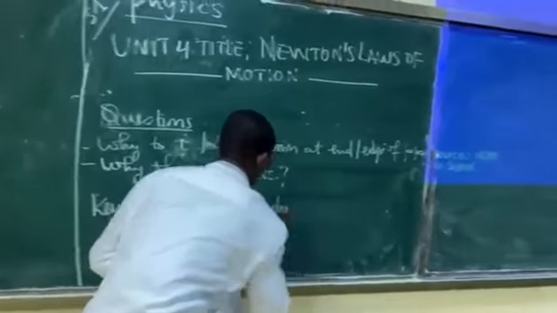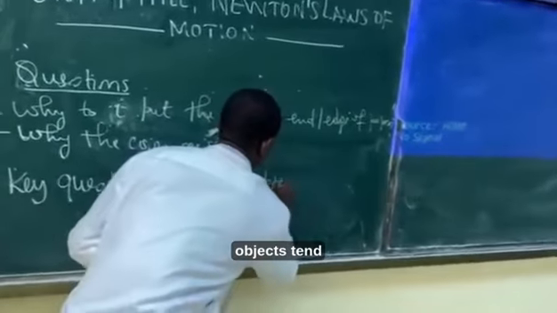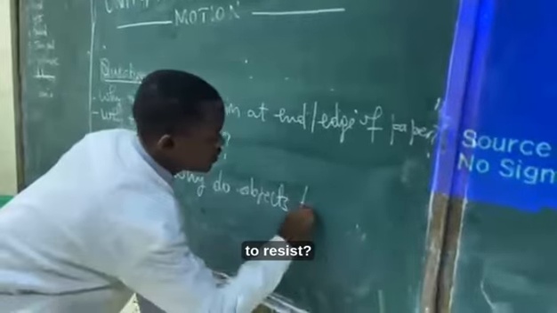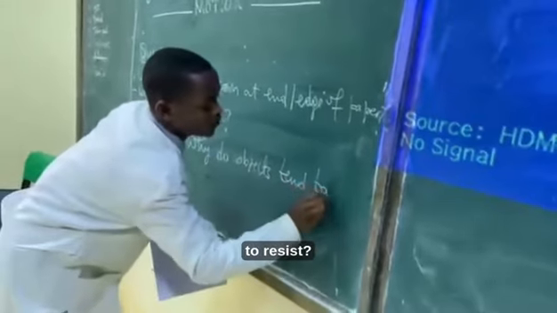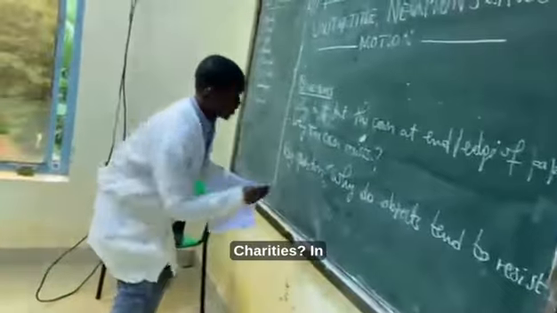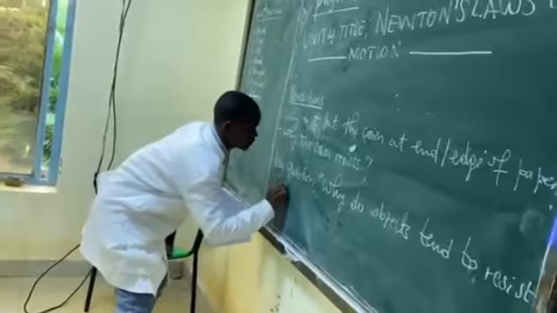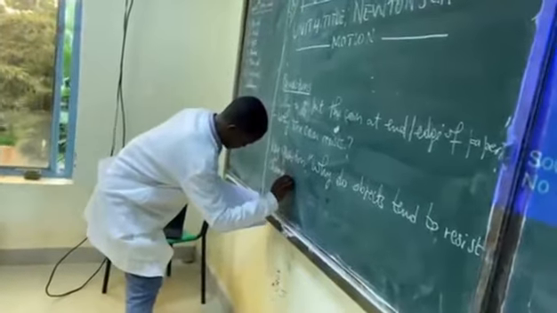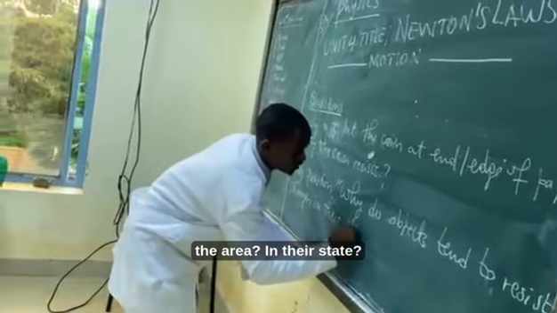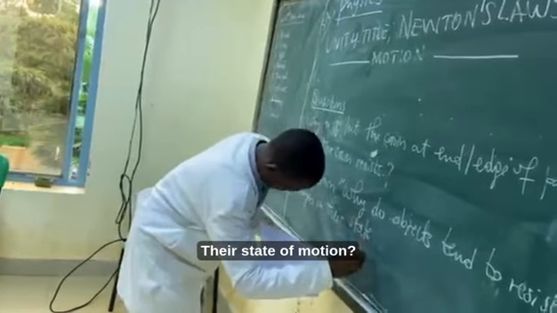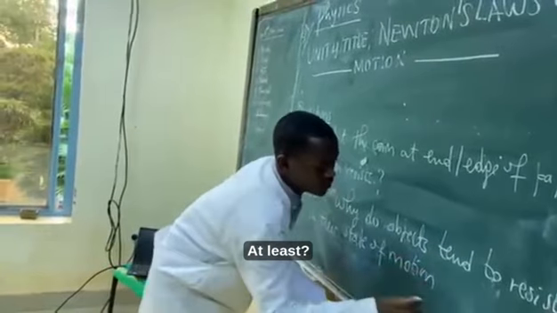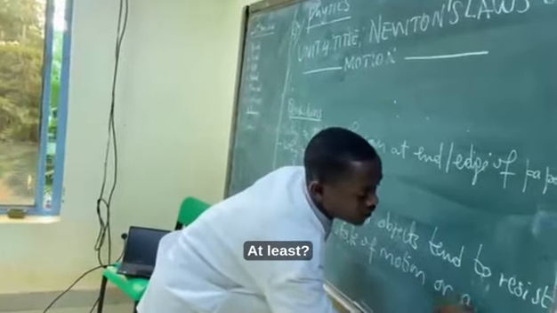Why do objects tend to resist changes in their state, the state of motion or at rest?